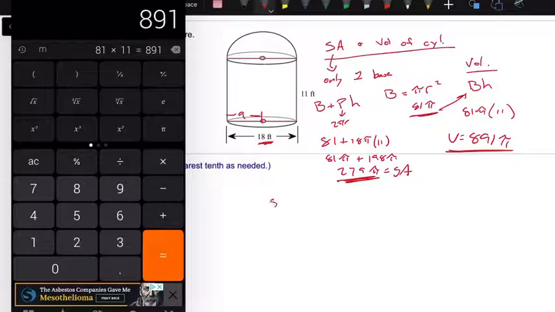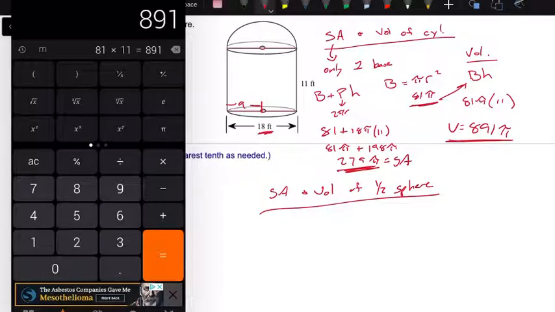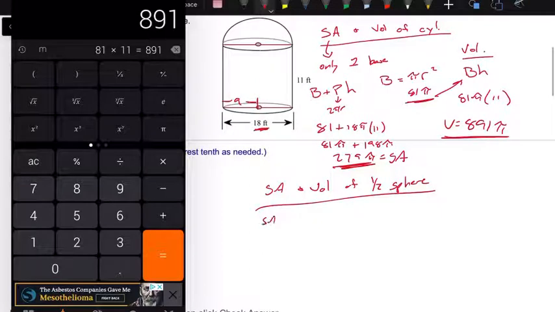All right, next we're going to find the surface area and volume of the half sphere. All right, and like some of the other things we've done, it's easier to just go ahead and find the whole thing and then half it at the end. All right, so surface area of a sphere is 4 pi r squared.